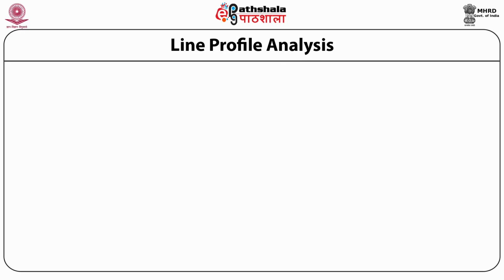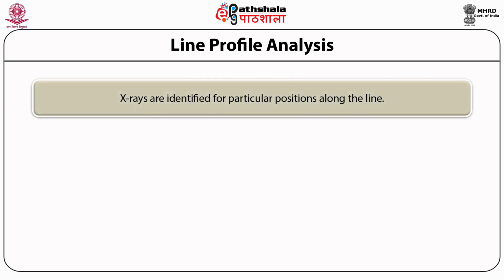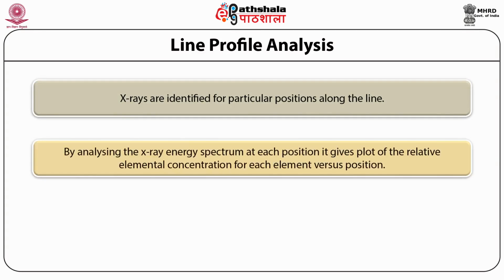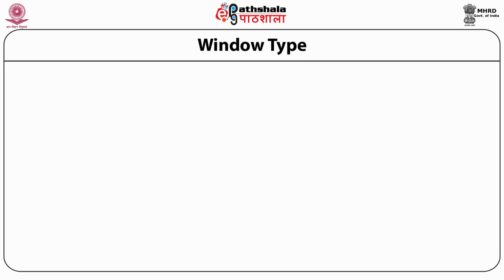The line profile analysis: X-ray is identified for a particular position along the line. By analyzing the X-ray energy spectrum at each position, it gives a plot of relative elemental concentration for each element versus the position.